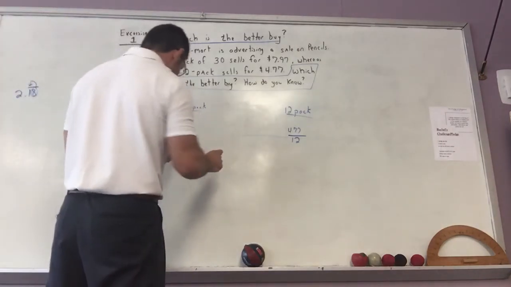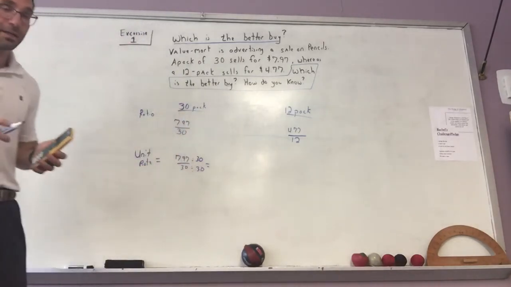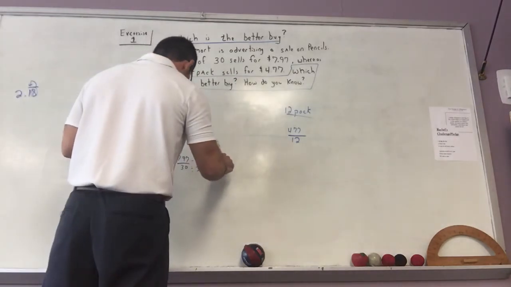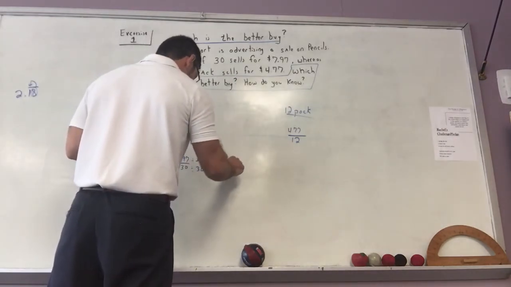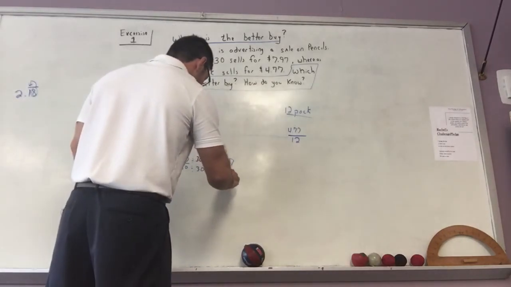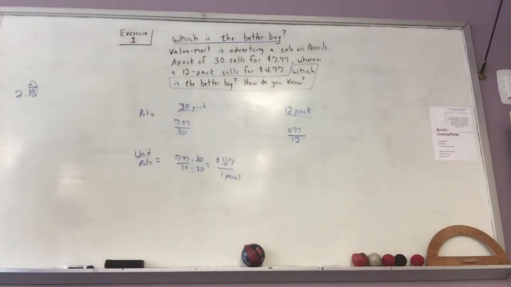So if I'm going to round this, because it's money, remember 797 is money, we're going to round this to the nearest hundredth, so that rounds up to 27 cents. Well, 27 cents what? Per one pencil. Remember, unit rate, have your label.